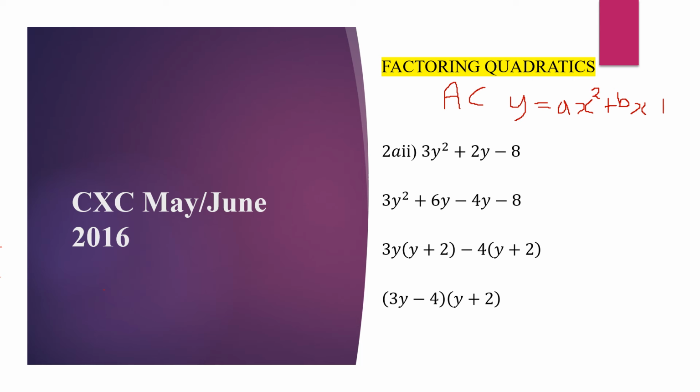So that in this expression, A is represented by 3, B is represented by 2, and C is represented by negative 8. So the AC method involves multiplying A by C, so we will multiply 3 by 8 and get an answer of 24.